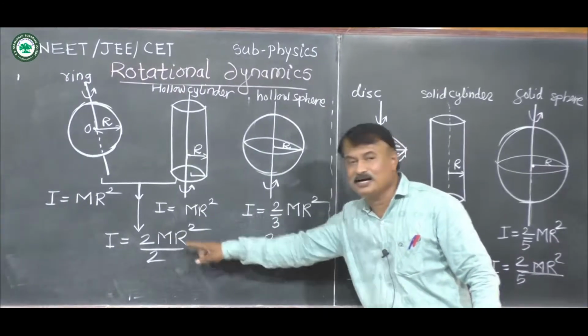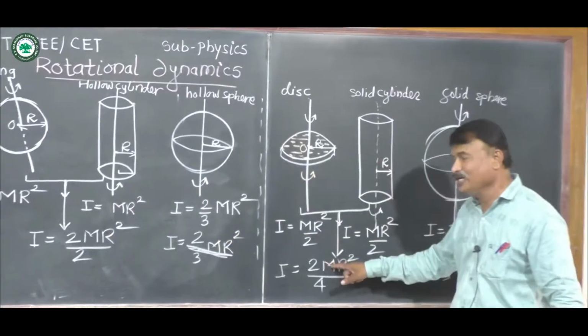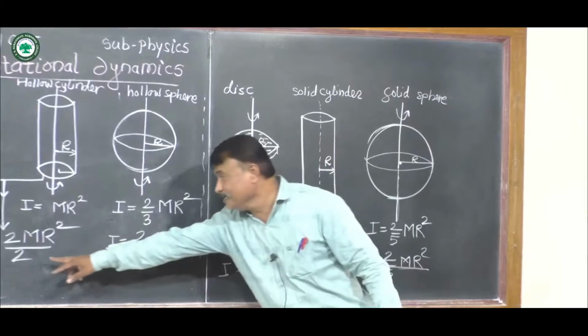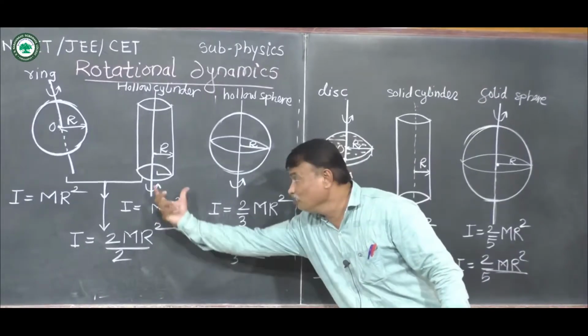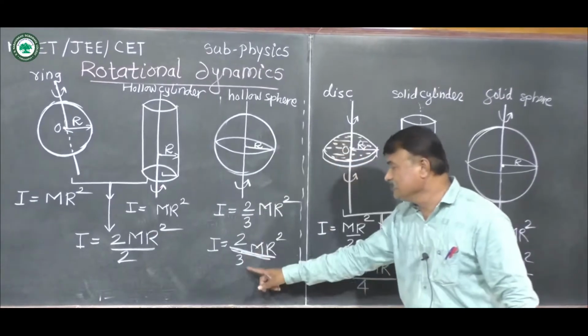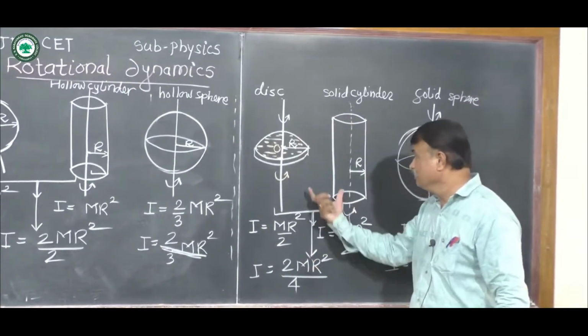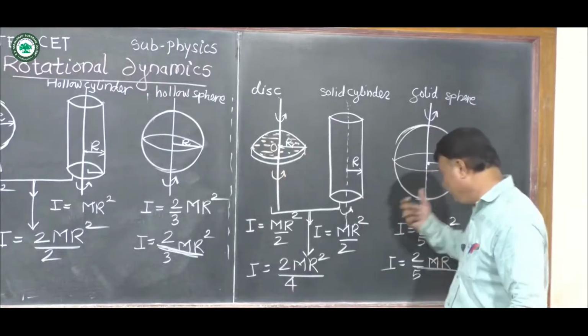So here we write 2 mr square, 2 mr square, 2 mr square, 2 mr square common. Now for the below side, here is 2 for both of these. For this single one 3, for this double one 4, and finally we get 5.